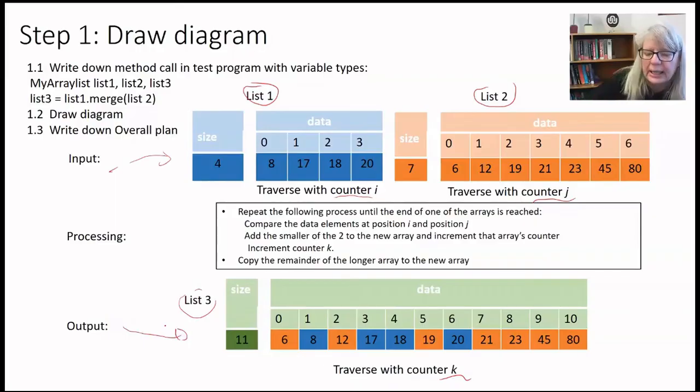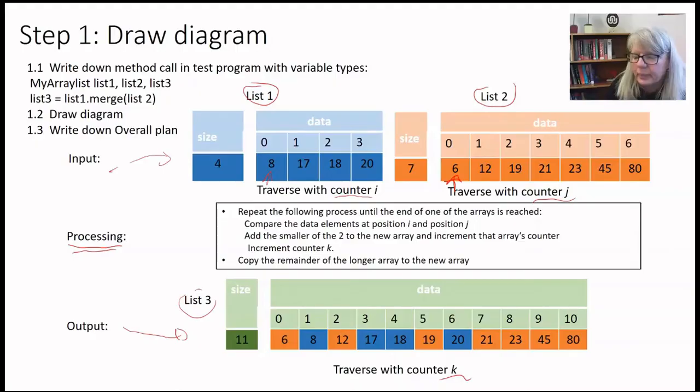And let's see if what we've written here under processing more or less resembles what we've just did. Repeat the following process until the end of one of the arrays is reached. You know why. Compare the data elements at position I, I is what I had at the arrow in that list, and position J, J is my arrow in that list.